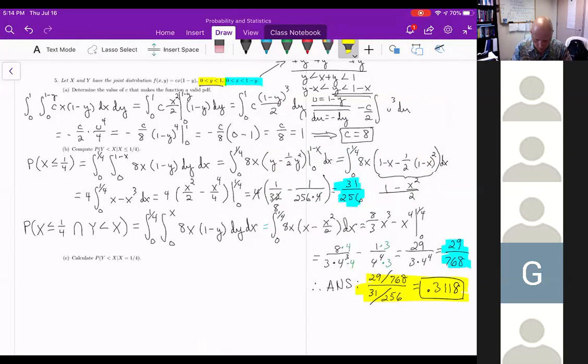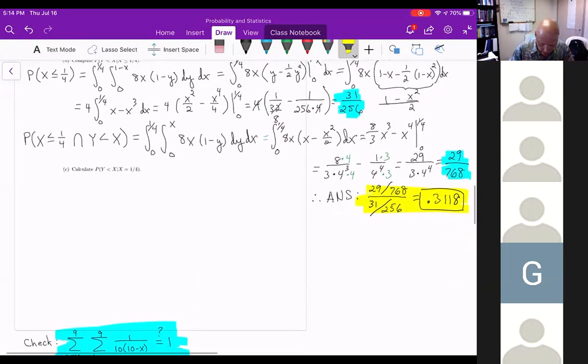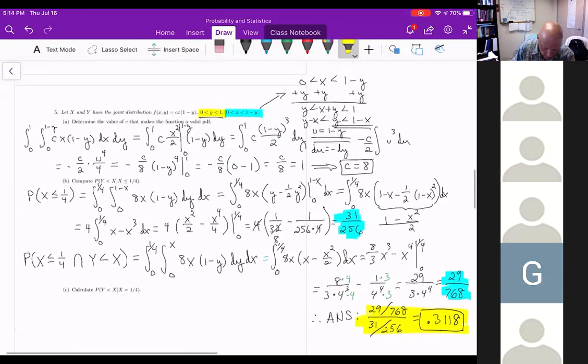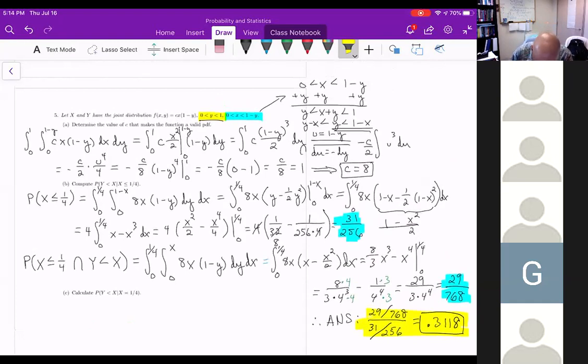All right, so there's one last piece, and that is to determine the probability that y is less than x, given that x is 1/4. So x has a fixed value here. This is a conditional probability, and I just want to refresh my memory. Okay, so we have f of x, y. We also need f of x, and it doesn't look like we found that here.